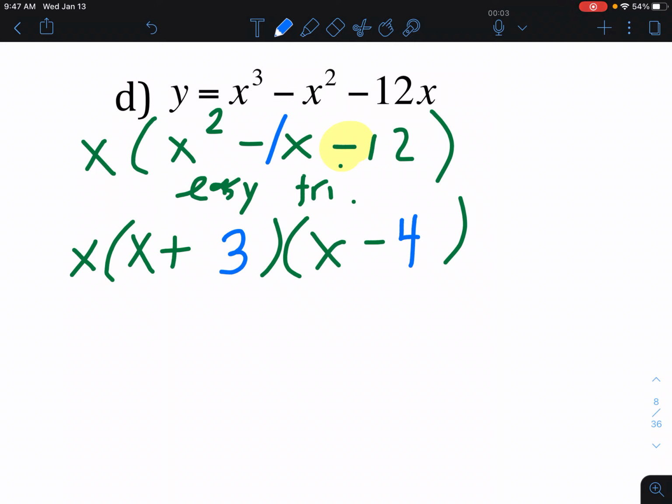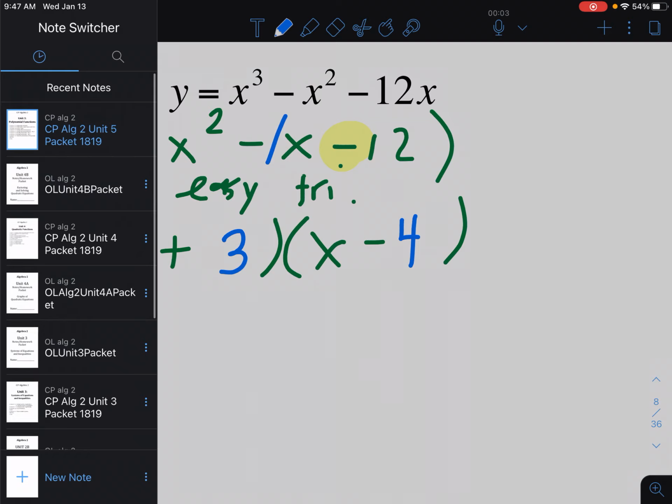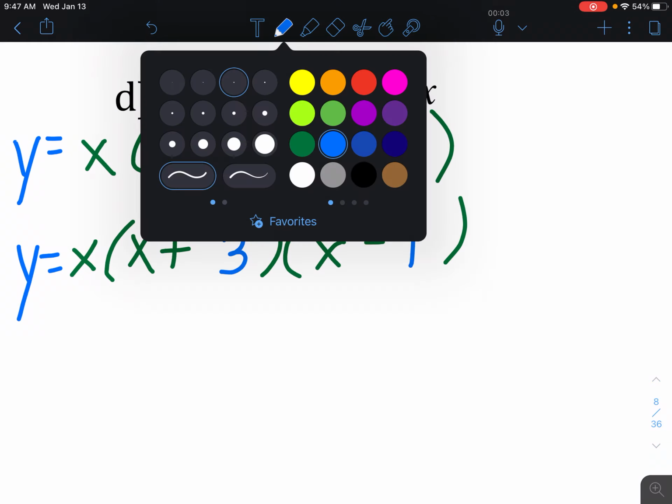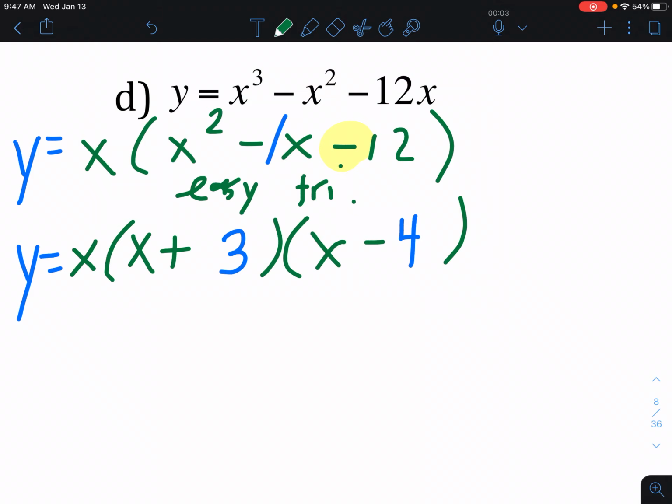Okay, so now I want to set, technically I should be carrying down the y equals, but not really important here. We just need to remember that we are finding the zeros, therefore we need to set up our equations. Now we have 3 factors here, so we're going to set 3 equations.